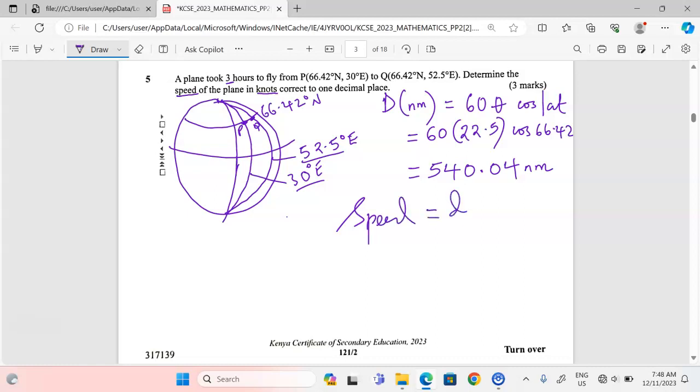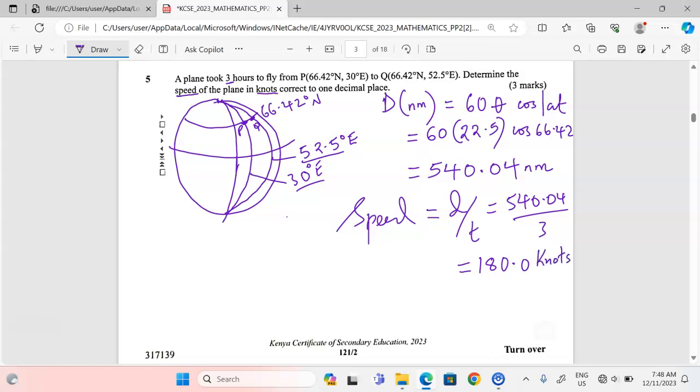But our concern is now the speed, which is given by distance over time. Therefore, the distance of 540 divided by 3 hours, it took 3 hours to cover this distance. Making it 1 decimal place according to the instructions, I'll be having 180.0 knots.